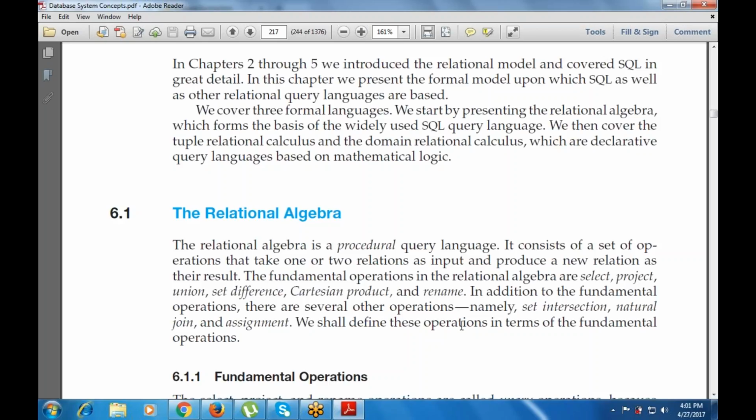There is only one relation as output. It takes either one table or two tables, but produces only one table as the result. The fundamental operations in the relational algebra are select, project, union, set difference, Cartesian product, and rename.